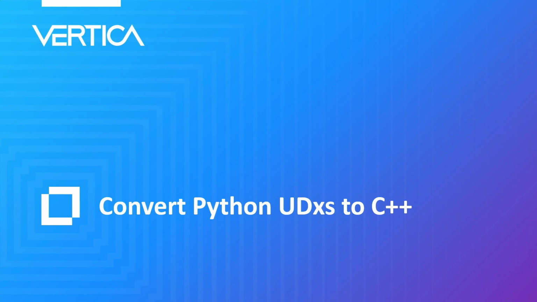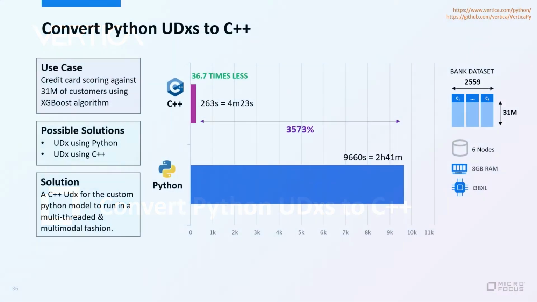Another interesting story and another interesting best practice is to convert any Python UDx to C++. We got a use case where we had to do some extreme gradient boosting deployment inside Vertica using user-defined functions, because they had some kind of specific file structure that they wanted to deploy in Vertica.